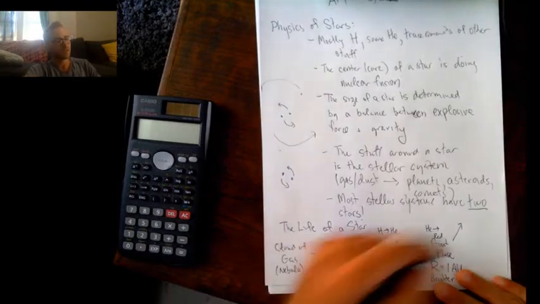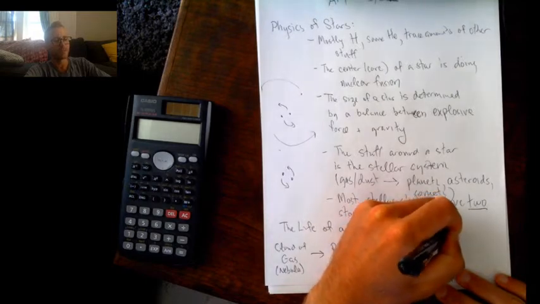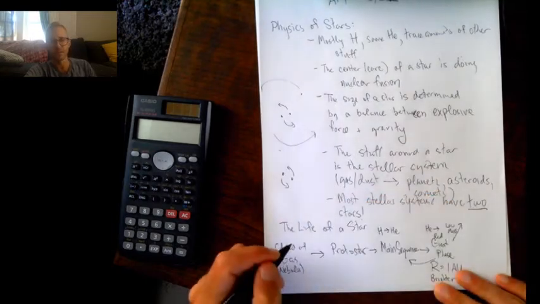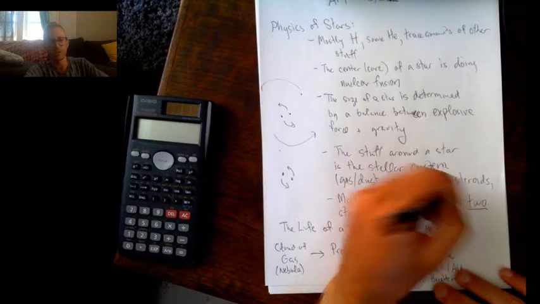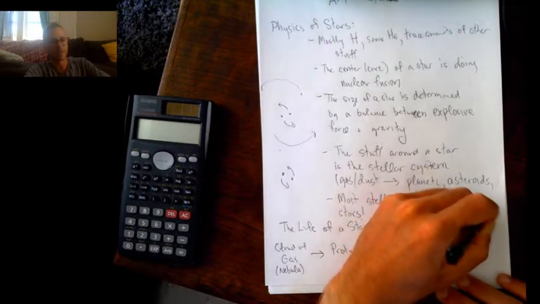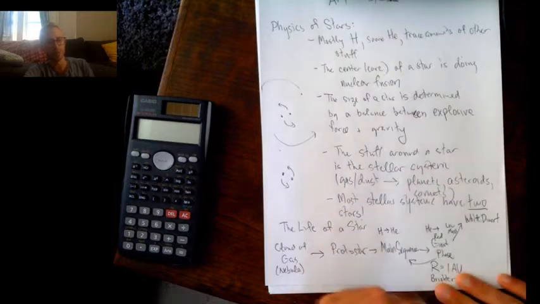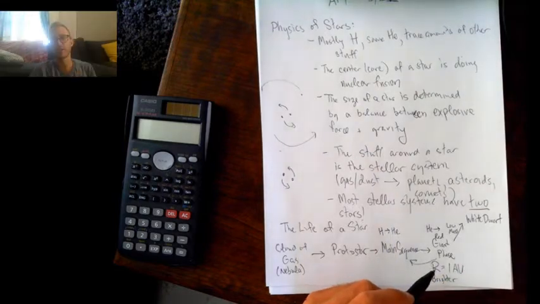Now, if the star is low mass, the sun is not a particularly high mass star, then it's going to turn into what's called a white dwarf. So what happens with the white dwarf is basically the star has fused everything that it can fuse, and it can't fuse anymore.